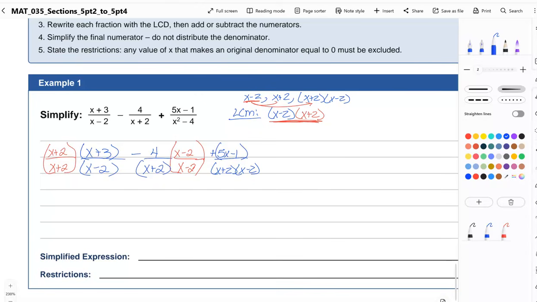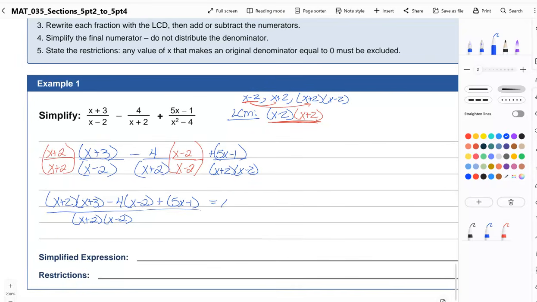So now I've got that common denominator, so I'm going to squish those numerators together. So I have x plus 2 times x plus 3, minus 4 times x minus 2, plus 5x minus 1. All of that's over x plus 2, x minus 2. So now we need to simplify the top. So we're going to do some FOILing.